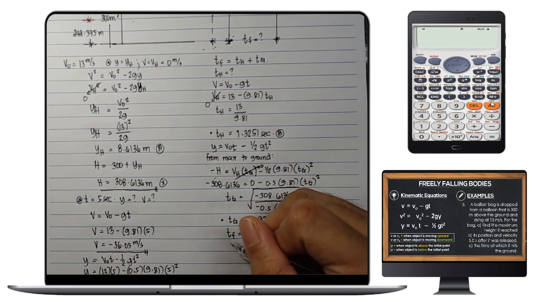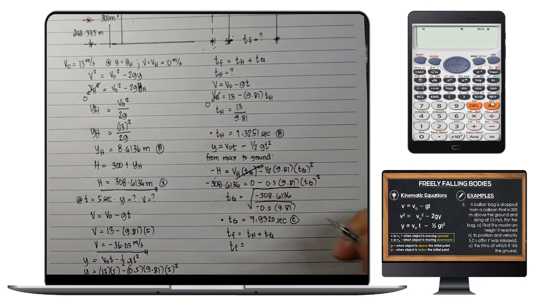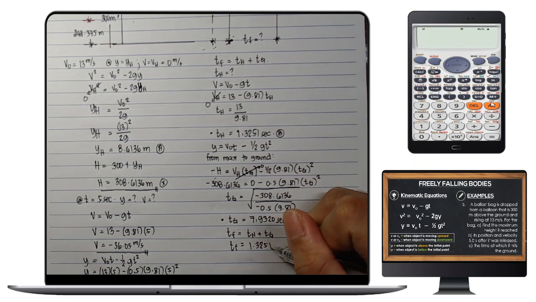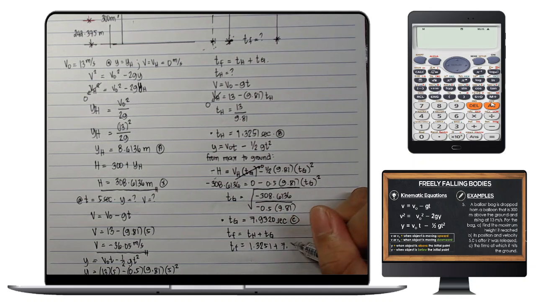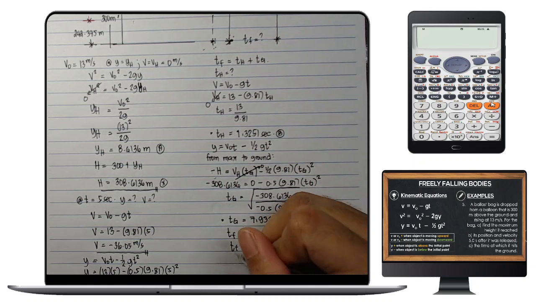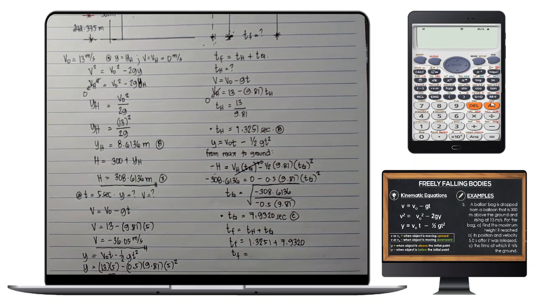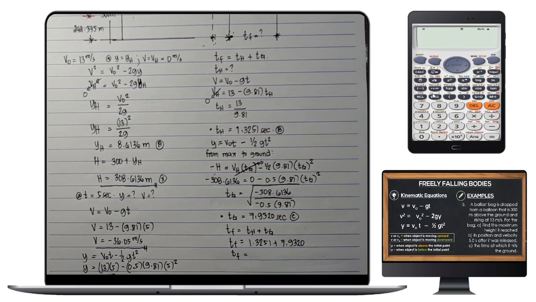So substituting, t sub h natin yung 1.3251 and t sub g natin ay 7.9320. Therefore, t sub f, or yung total time of flight, or the time at which it hits the ground, will be yung nasa B, plus yung nasa C.